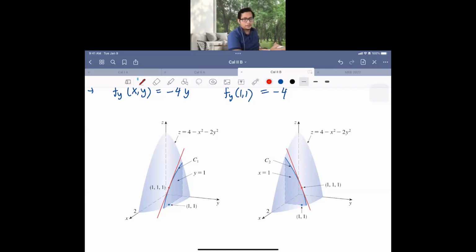In C1 we are going to have y equal 1 as our plane, and this will be the first slope, and then C2 will be the second curve, and we have also the second slope. We have x equal 1 as our plane.